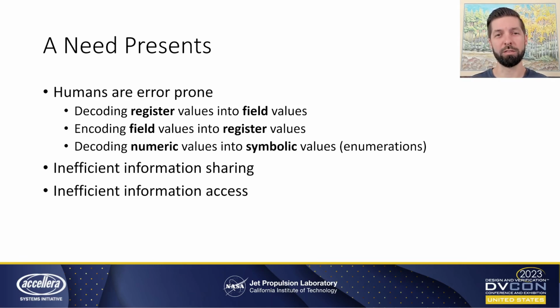Examples of this, like we just saw, are decoding register values into field values and vice versa, and decoding numeric values into symbolic values. These are all very mechanical tasks that we're capable of doing, but there's a high probability that we could do so erroneously, and then waste a bunch of time.